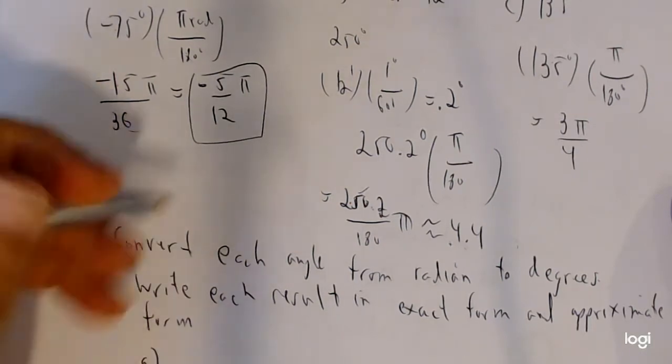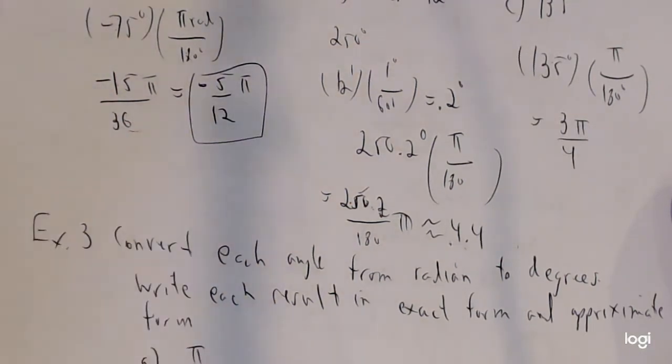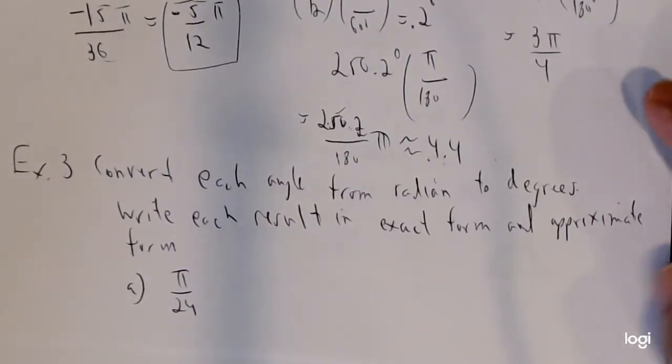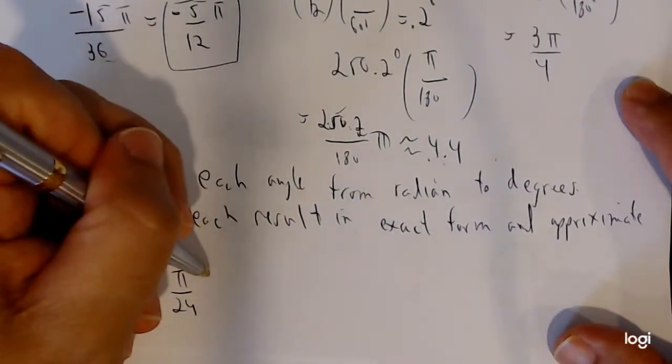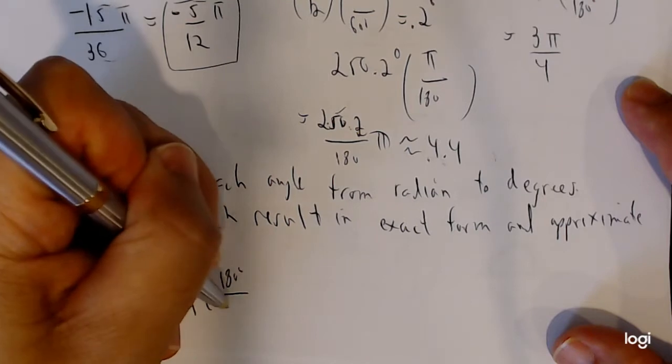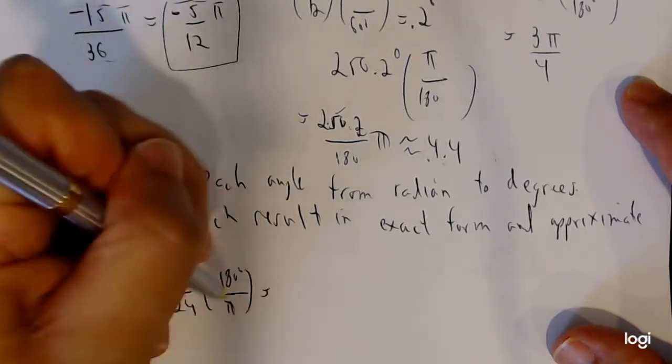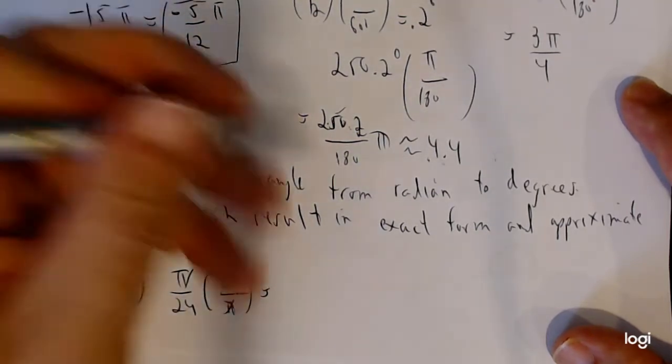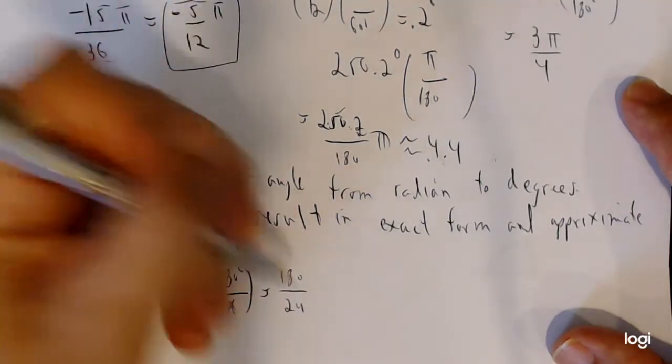Okay, so for A, pi over 24, I want to convert this from radians to degrees. So I'm going to multiply pi over 24 by 180 degrees over pi, which then the pi's cancel out and I get 180 over 24.